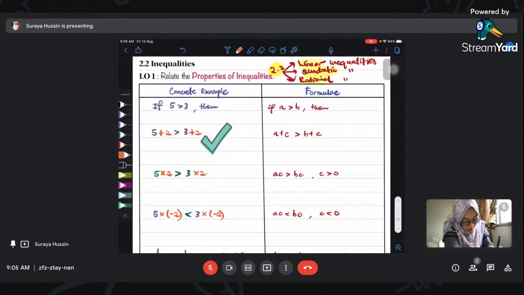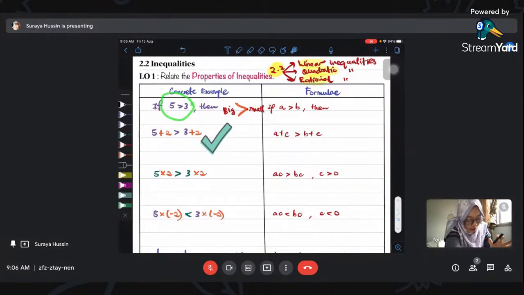Bila you nampak bucu ni, this is small, whereas this is big. Kenapa dia big? Sebab dia banyak ruang dekat sini, because it is very big. Ruang dia sangat besar. That's why this is what we call as bigger, and this is very small. That's why we call it small, right? Very obvious right there. So you now know that 5 is greater than 3, right?